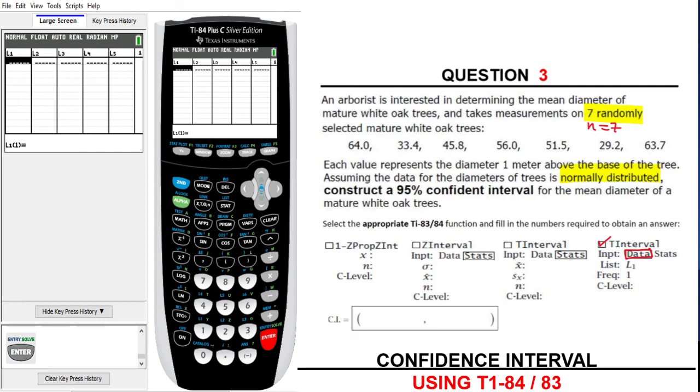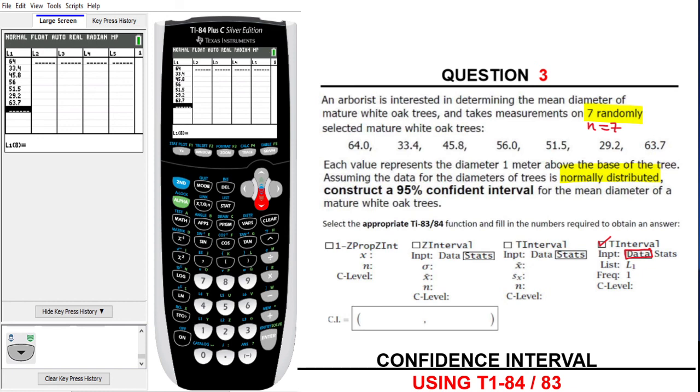So we have 64.0, then 33.4, then 45.8, then 56, then 51.5, then 29.2, then 63.7.